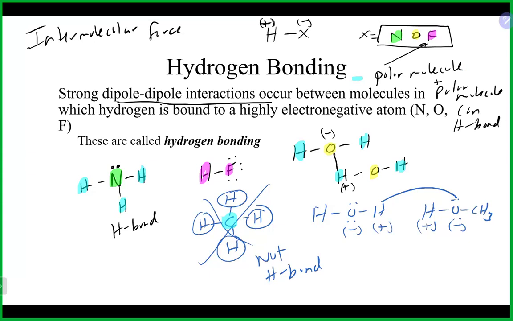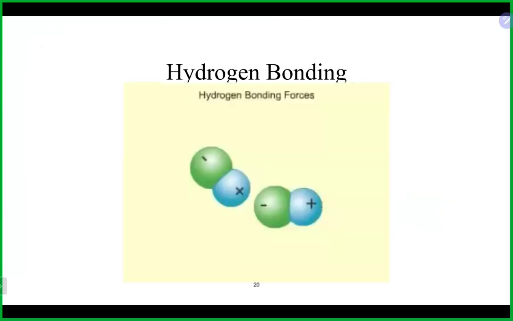Again, if you have a polar molecule that does not have the ability to hydrogen bond, but it's still polar, it will do dipole-dipole interaction. That is the slight difference between them, even though technically they're both dipole-dipole. But that is the major difference between them. Any questions on that there?